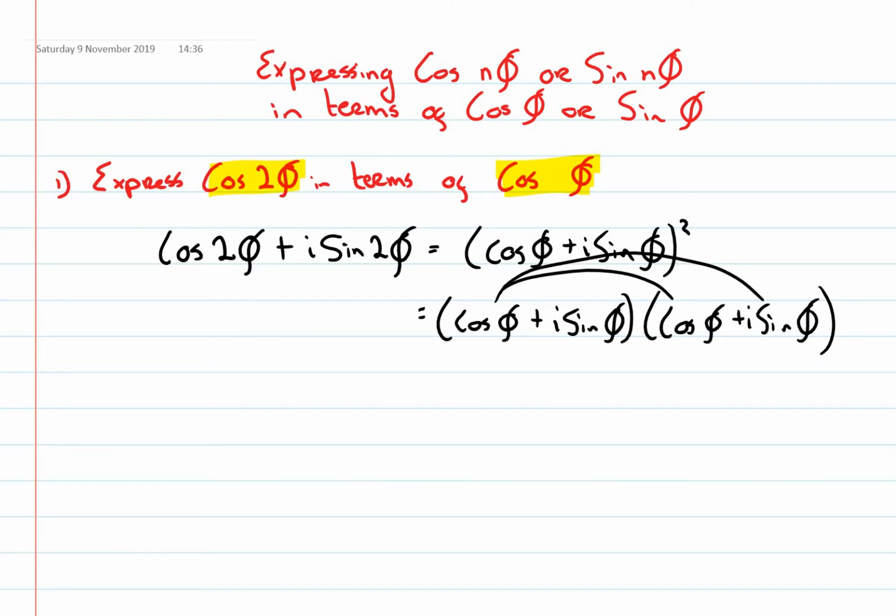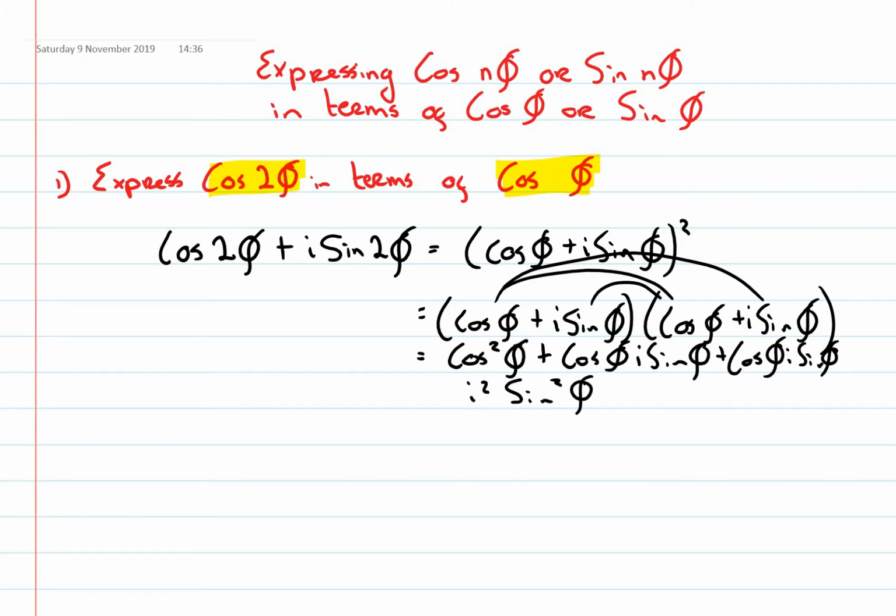The first one is cos theta by cos theta, which is cos squared theta, plus cos theta by I sine theta, which is cos theta I sine theta, and then this by this is also cos theta I sine theta, and the last bit is I sine theta by I sine theta, which is I squared sine squared theta.